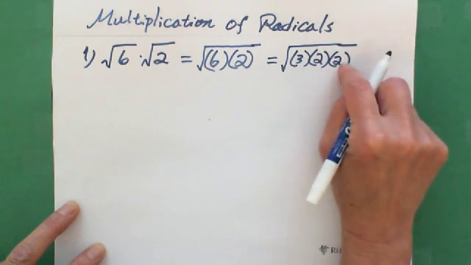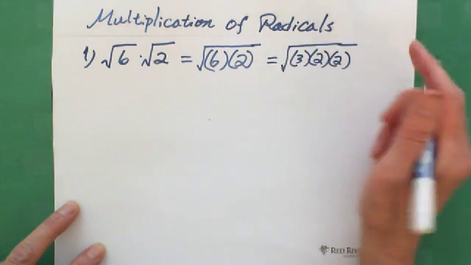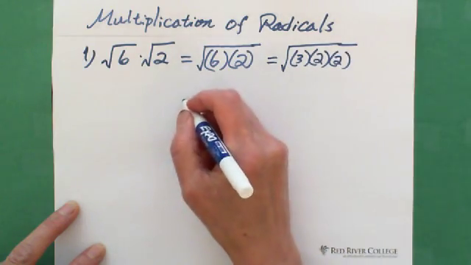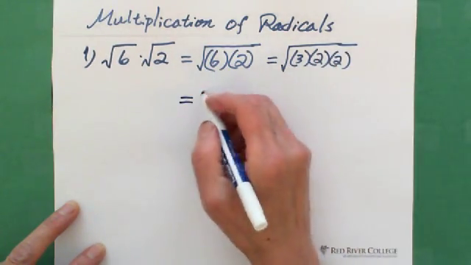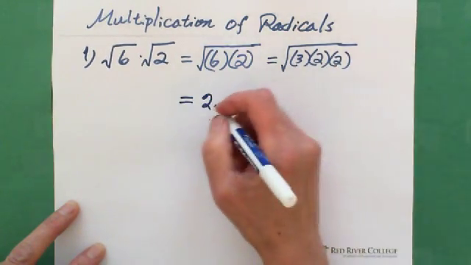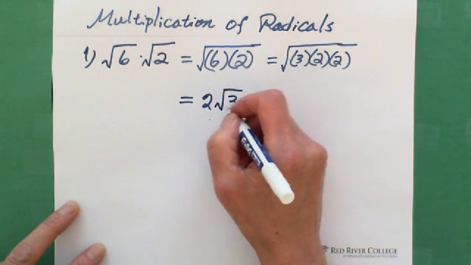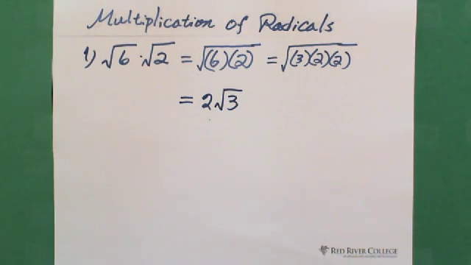So we got a pair of 2, which is square root. So in this situation, 2 gets out of the radical, and we get 2 root 3. So root 2 times root 2 equals 2 root 3.